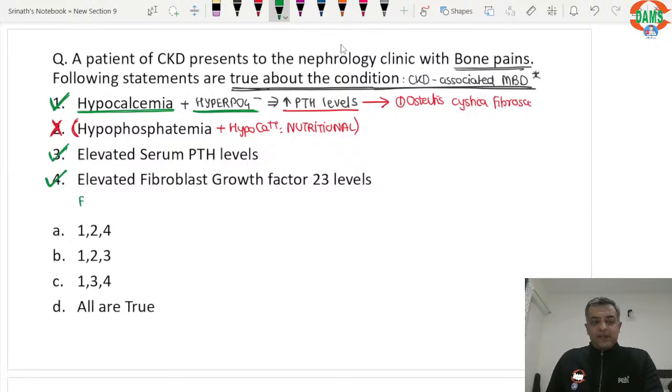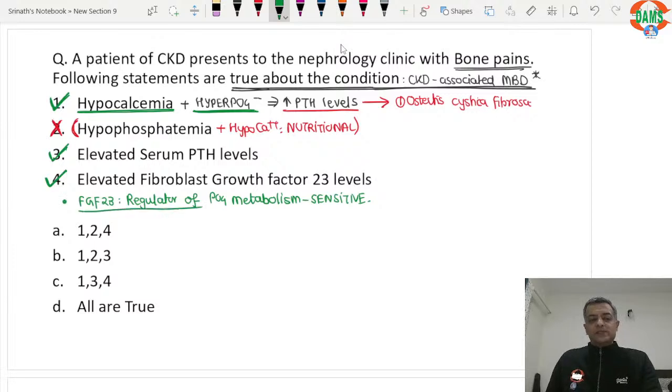FGF23 is the regulator of phosphate metabolism. And that is why, like PTH, it is also a sensitive marker. It is an early marker that phosphate in the blood is increasing.